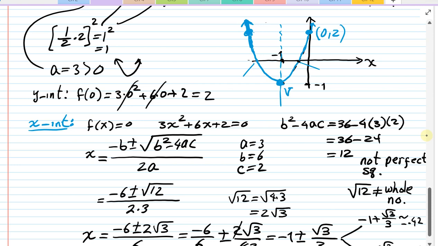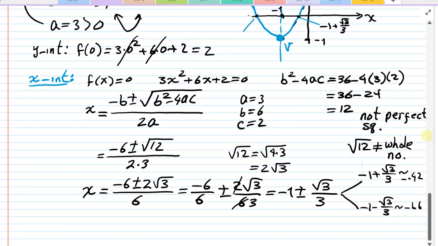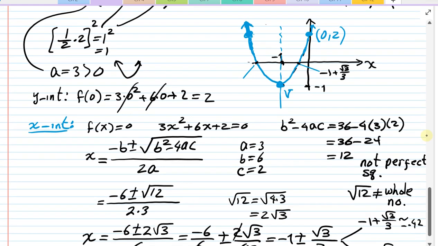It's going to be negative 1 plus root 3 over 3. Those are the exact coordinates. And the lower number is negative 1 minus root 3 over 3. You see that? So those become the x-intercepts.